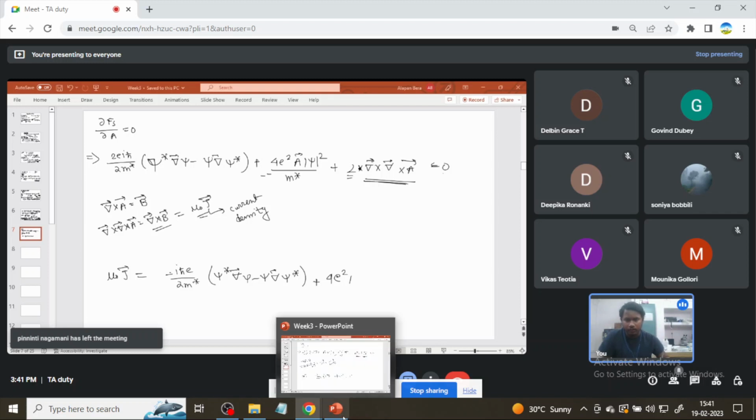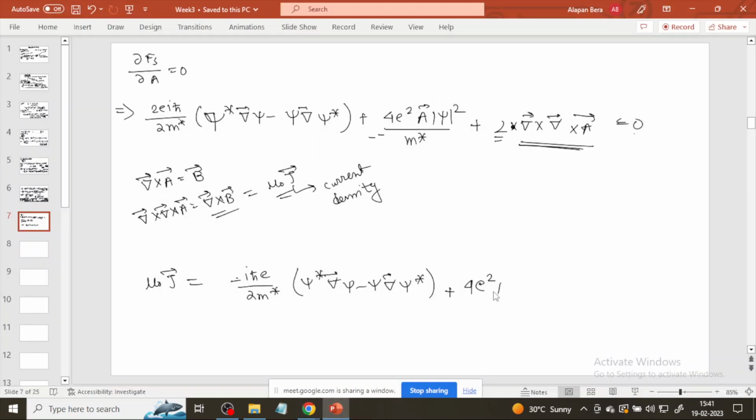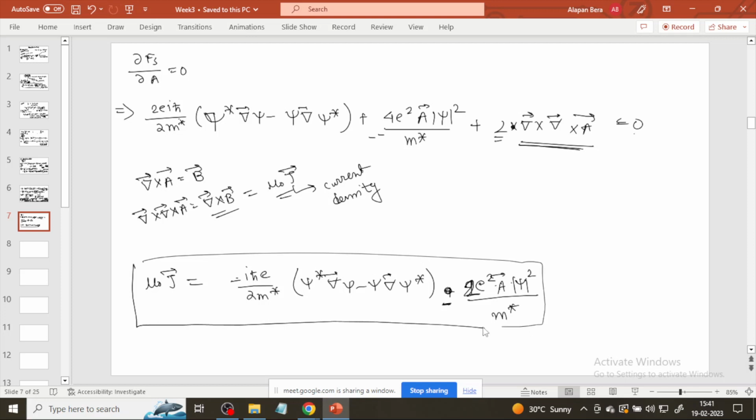Anyway, so this term also becomes 2 and this plus sign stays the same because we are taking these two terms into the right hand side. So this is our final GL equation. This is called the second Ginzburg-Landau equation.